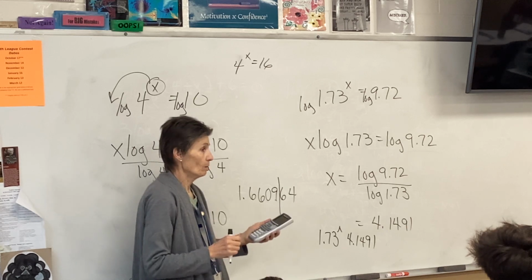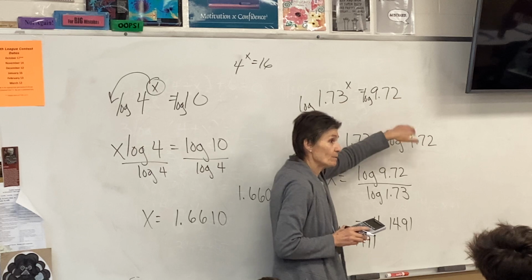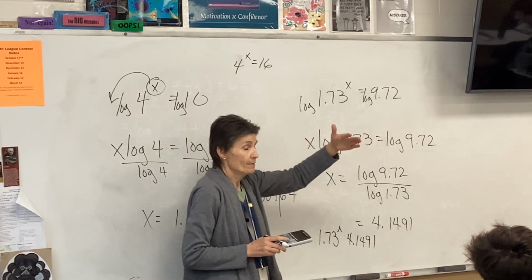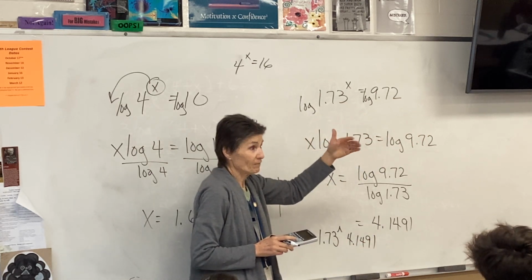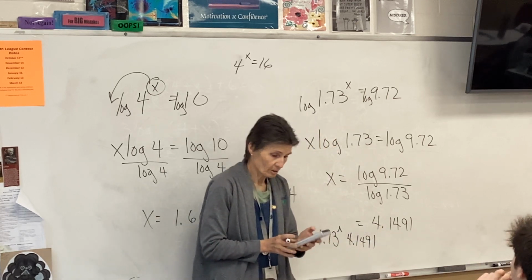And what did it equal? 9.72, right? We just checked our answer. It works. Now, it's off a little bit because we rounded this off, but it's pretty darn close.